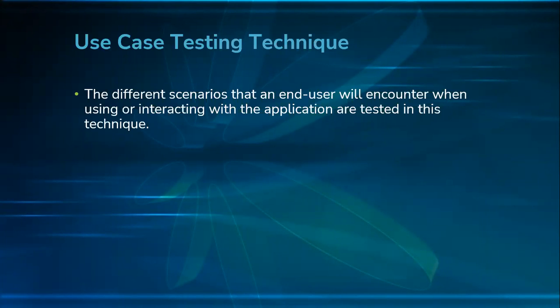So what the user is going to encounter is what we have tested in techniques 1 to 4. So this is it at the final end. That is the 5 techniques that we have under specification-based technique.